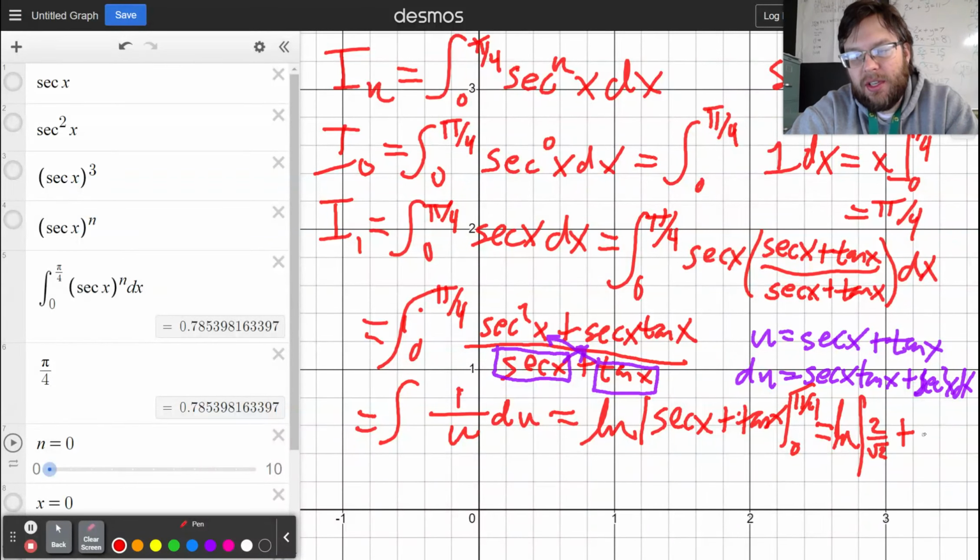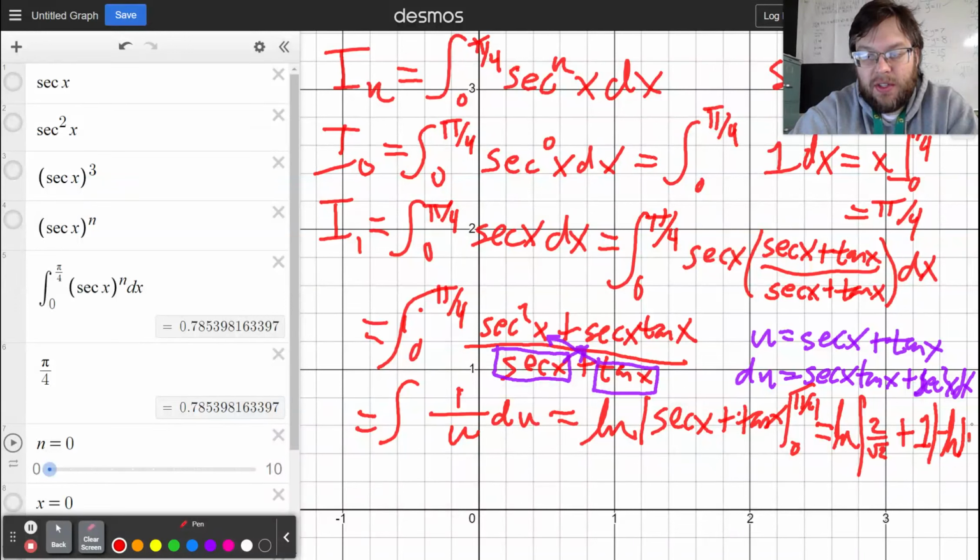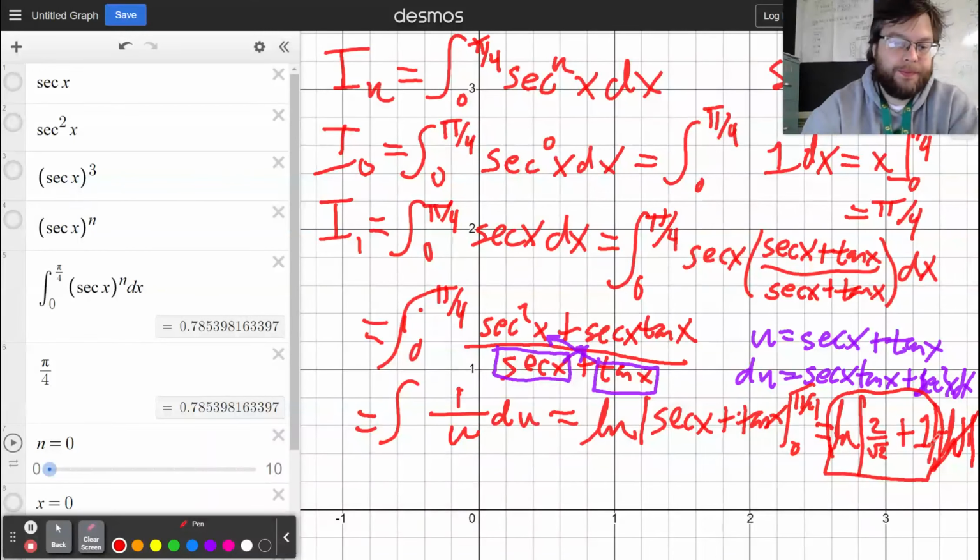And tangent is 1. Then when I plug in 0, secant is 1, and tangent is 0. So I just have the natural log of 1, which is 0. So this answer right here is the value of the integral of secant.